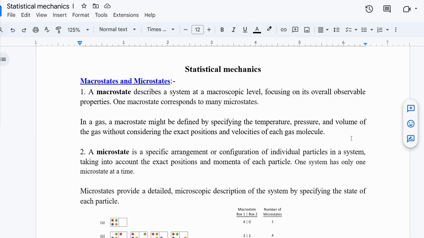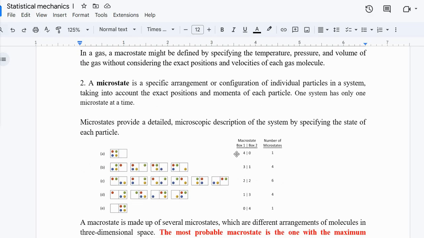One system has only one microstate at a time. So you can think of the constituent particles, their position and velocity, defining its microstate. And the combination of microstates gives you the concept of a macrostate.